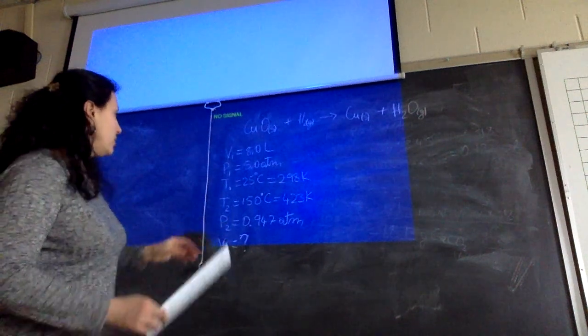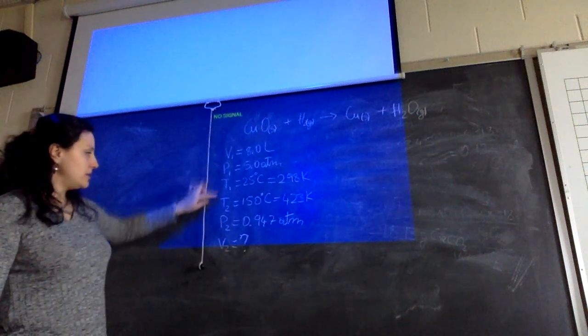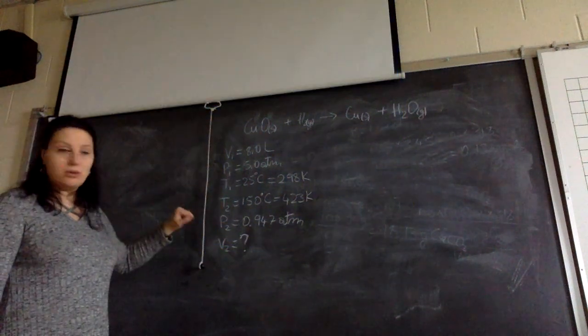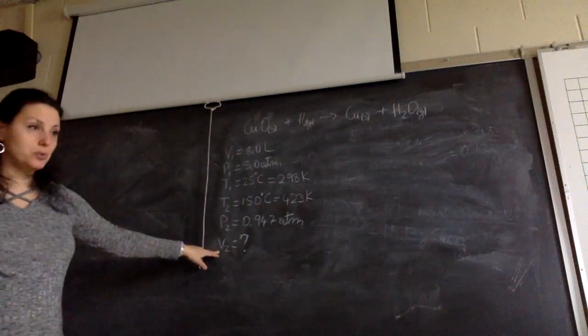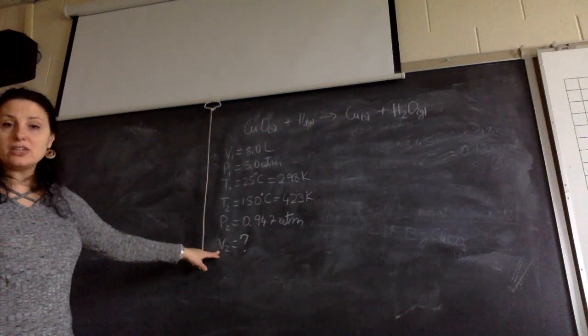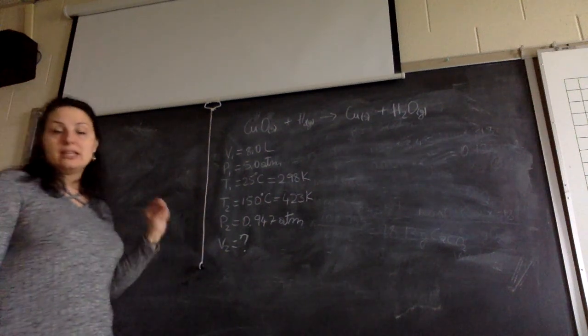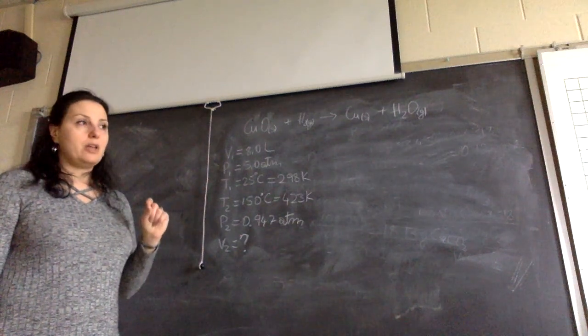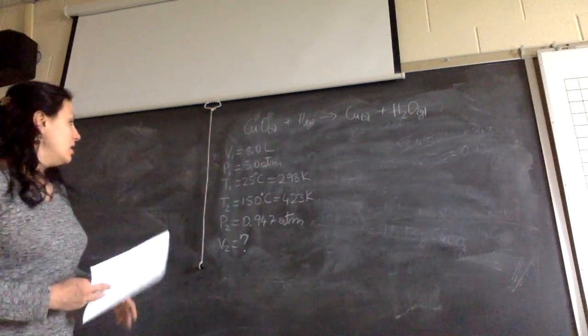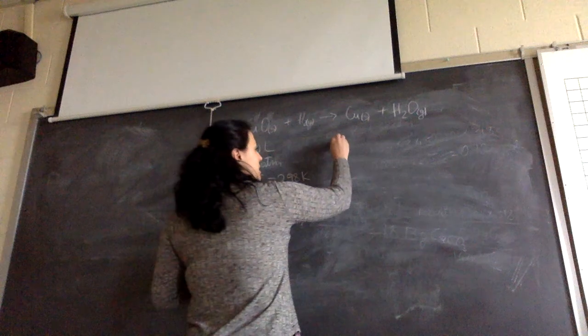Okay, so what do I have? I have V1, P1, T1, P2, and T2. I'm missing V2. Okay, I can do that very easily. I can solve for V2 by using the combined gas law. Okay, what does the combined gas law say?